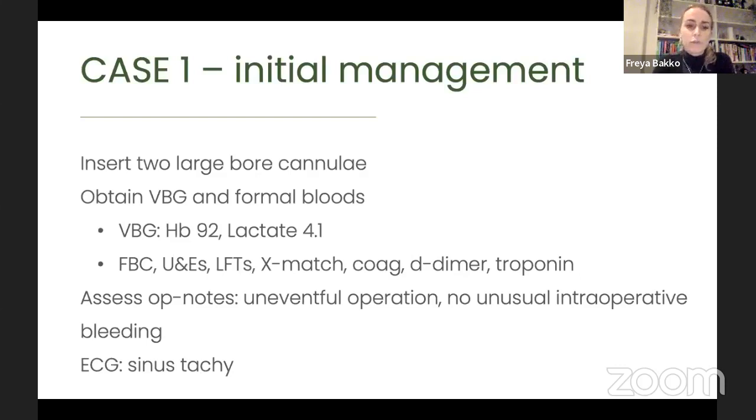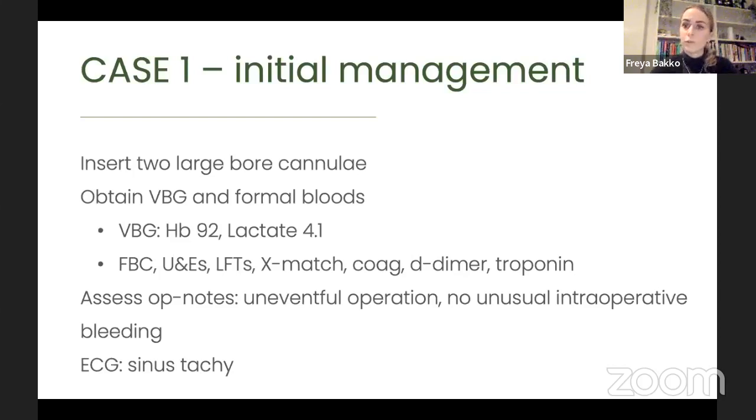Anytime you're assessing a post-operative patient, make sure you're familiar with the operation they underwent. So check whether there were any complications during the surgery, for example, anaesthetic complications, or any bleeding or any other complications of the operation. In this case, it was an uneventful operation with no unusual intraoperative bleeding.